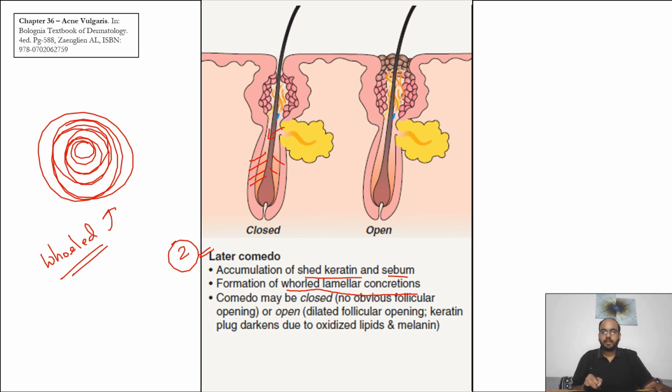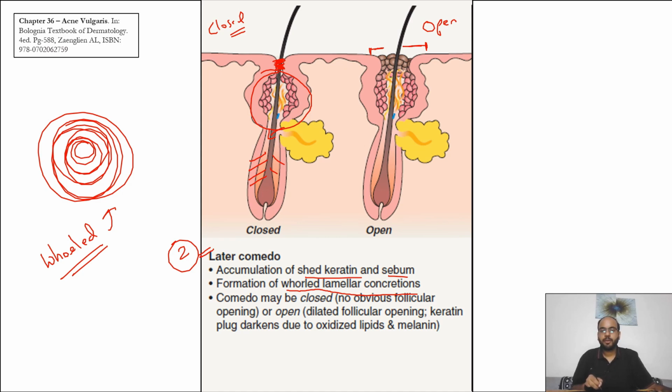A comedone may be closed, in which the follicular opening is okay and the comedone is lying beneath the opening; then it is a closed comedone. If the follicular opening is open and you can see the comedone with your naked eye, then it becomes an open comedone.